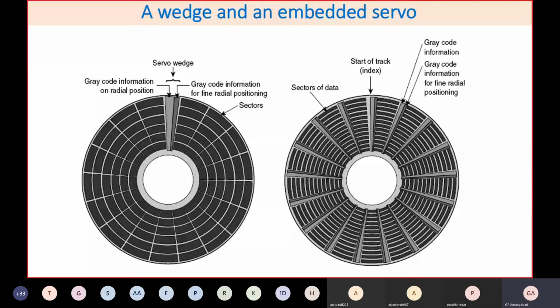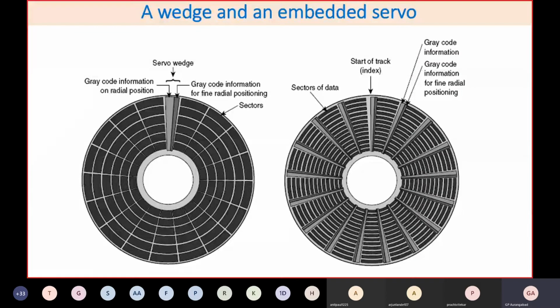Then the third servo mechanism, as I said, is the dedicated servo mechanism. In the dedicated servo mechanism, one side of the platter is used to store this particular information. That is, the entire track contains this servo information in the form of gray code. So that will be the fastest.